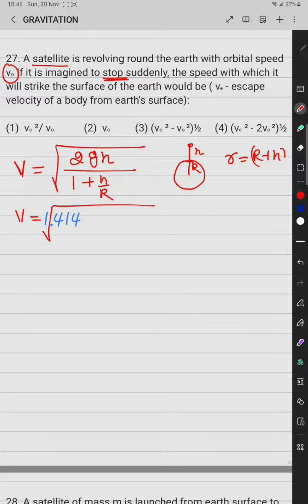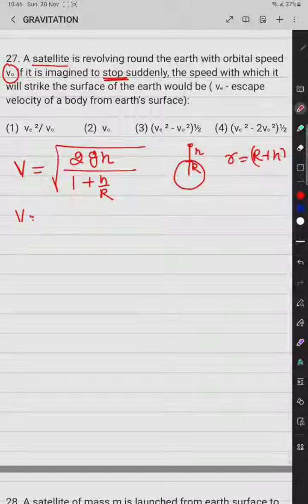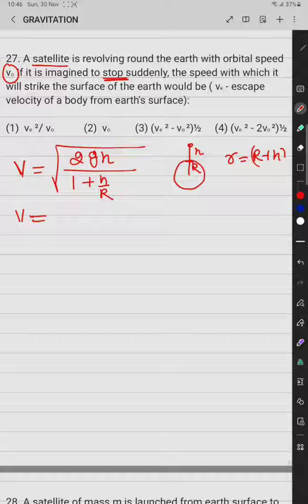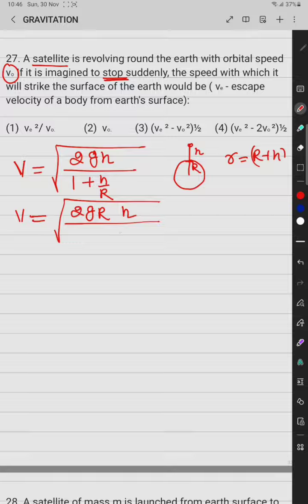So the velocity of the particle at this point is under root twice of gr h. If we multiply by r in this term, it is r plus h.